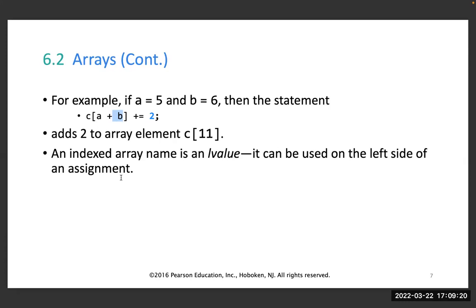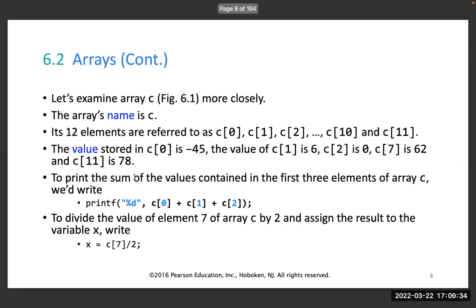The array element is an L-value, L for left, so it is usually on the left side of an assignment. The array's name is just C. Again, the name can use letters, numbers, and underscore, but the first character should not be a number.